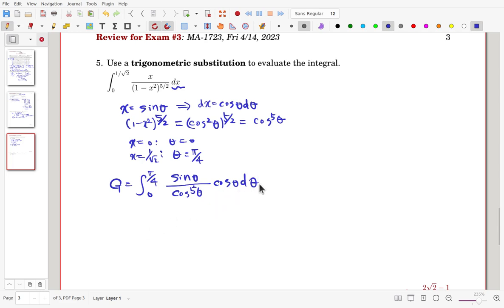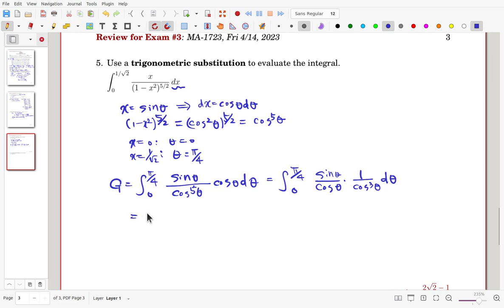From this one, we can rewrite it this way, from 0 to pi over 4: sine theta and 1 over cosine theta. Let's try to separate it this way: that is cosine fourth power, so 1 over cosine third power theta, right? And d theta.